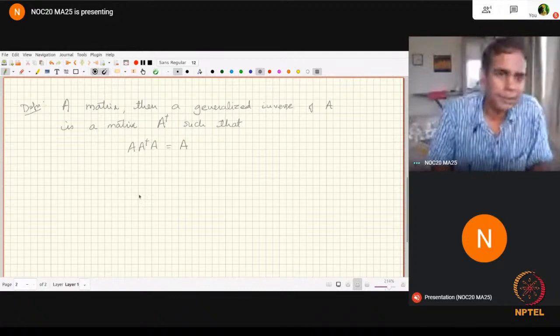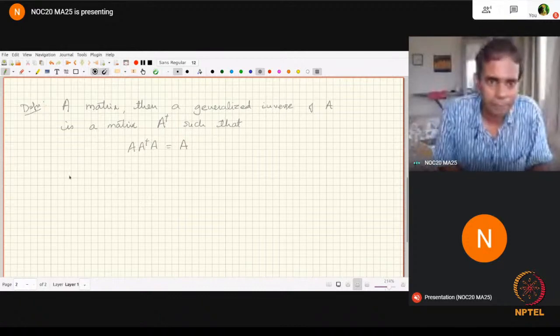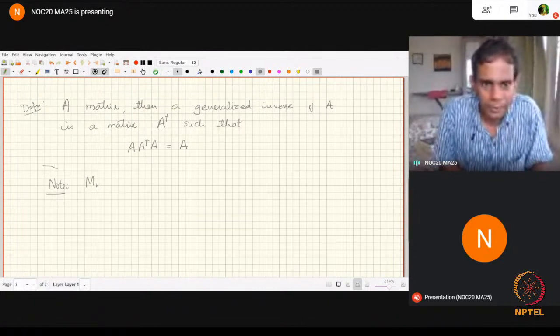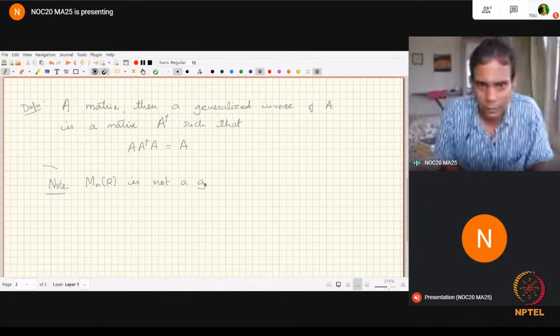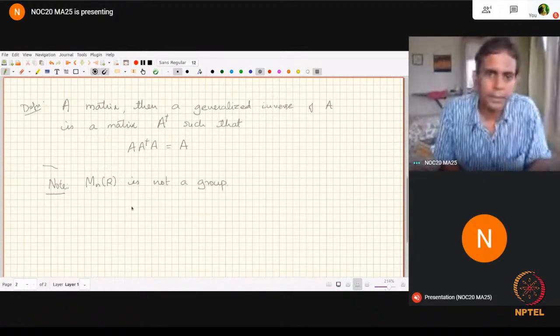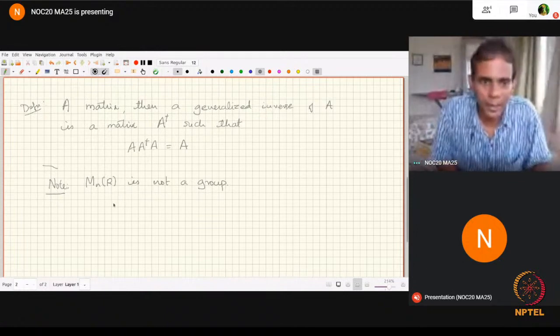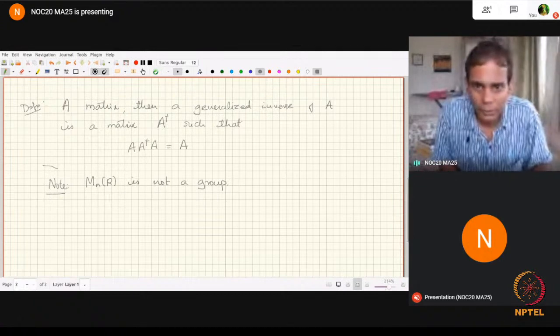Now the thing is, there's a difference between matrices and groups. The first thing to note is that if you take n by n matrices over R, this is not a group under multiplication.